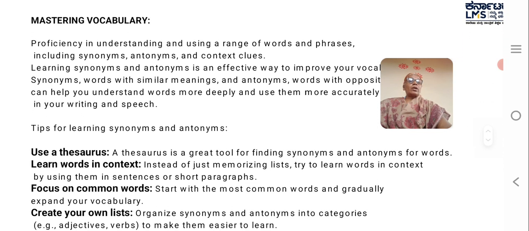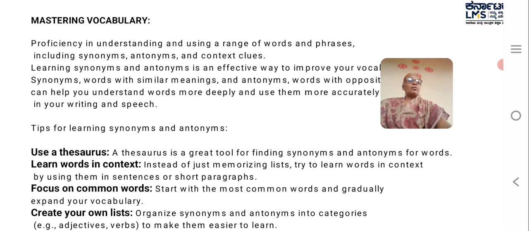How to master vocabulary? So, vocabulary is the proficiency in understanding and using a range of words and phrases, including synonyms, antonyms, and context clues. To learn synonyms and antonyms, we have the Thesaurus Dictionary.